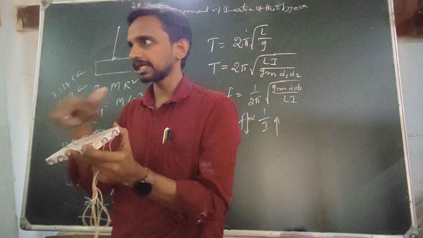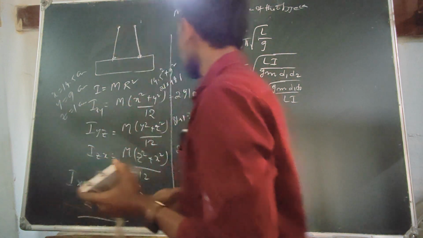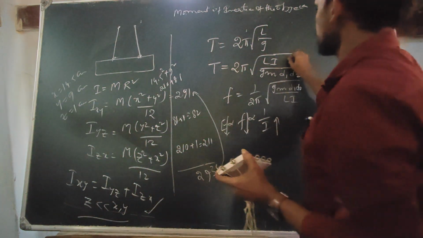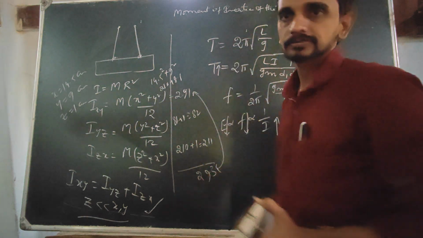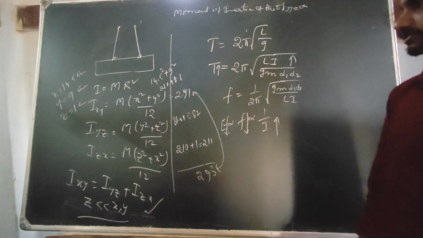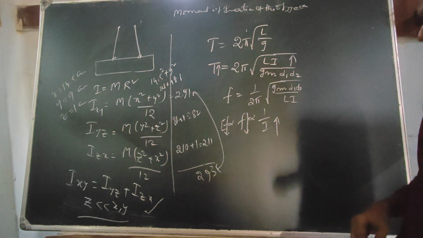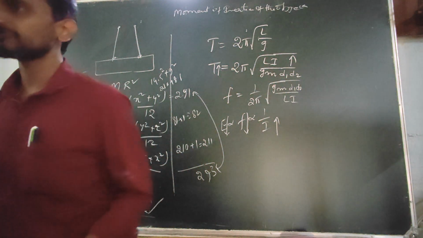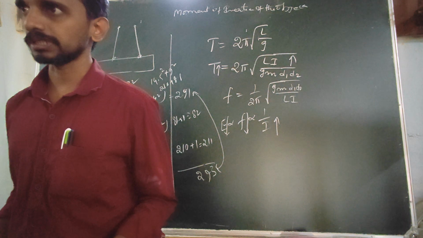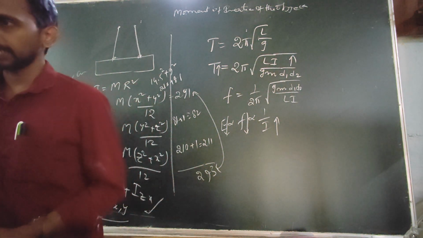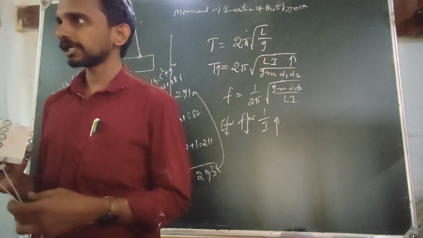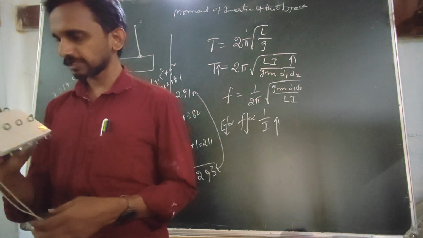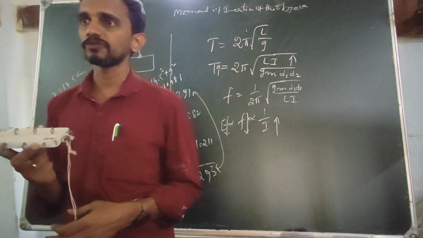More the area, more is the time period. So more the moment of inertia, more is the time period. That is the conclusion we arrive at from this experiment. We are confirming that if an object has more area, it is very difficult to bring it into circular motion, and once it comes into circular motion, it is very difficult to stop it.